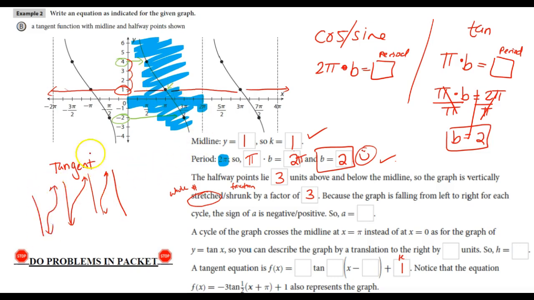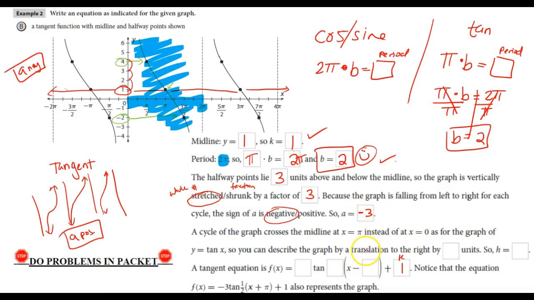Now, because it's going instead the other way around, from left to right, that means my a value is going to be negative. So that means my a value is not only 3, but it's also going to be a negative. So this would be an a value that's positive, whereas this one would be an a value that's negative. So just keep that in mind, okay? A value negative, a value positive.